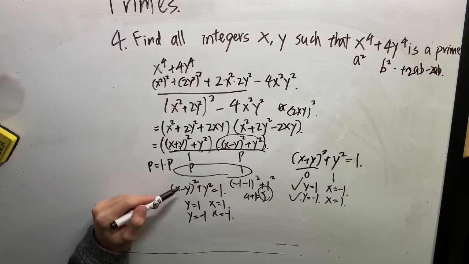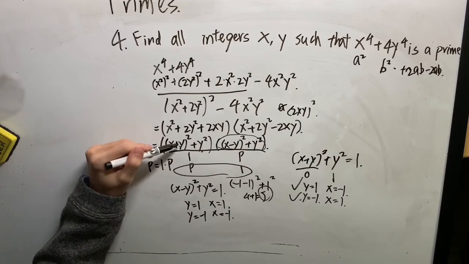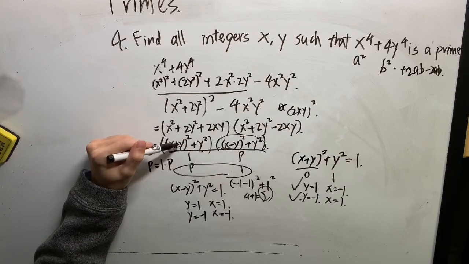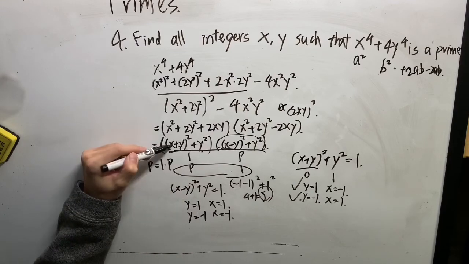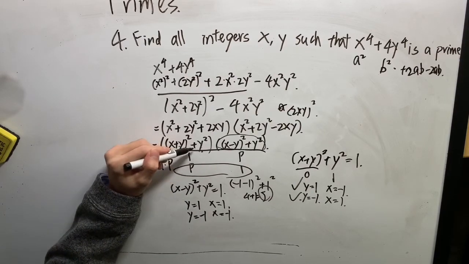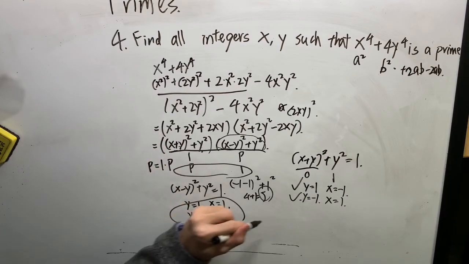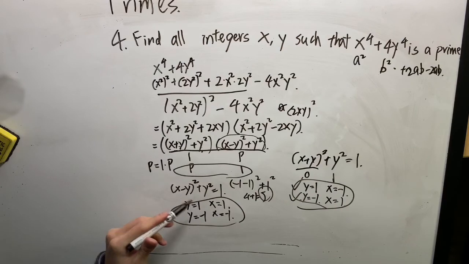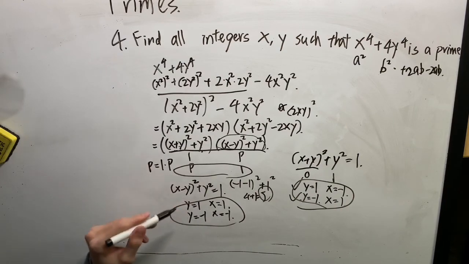To verify that, we have 1 plus 1, that's 2 squared, which is 4, plus 1, that's 5. And -1 plus -1, that's -2 squared, we get 4, plus 1, that's 5 again. So these four are all the combinations of integers x and y, and we solve the question.